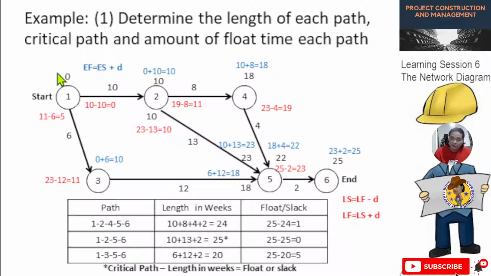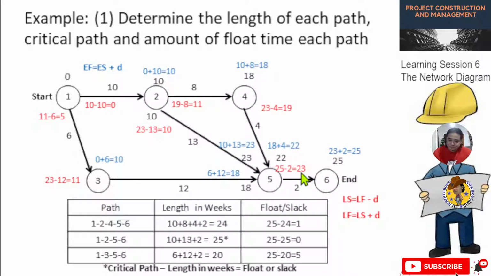For forward, I am using blue, so this is the computation in blue. Then for the last start and last finish, the backward computation, I am using red. This is for identification purposes, so that the application of the example will be easily identified.